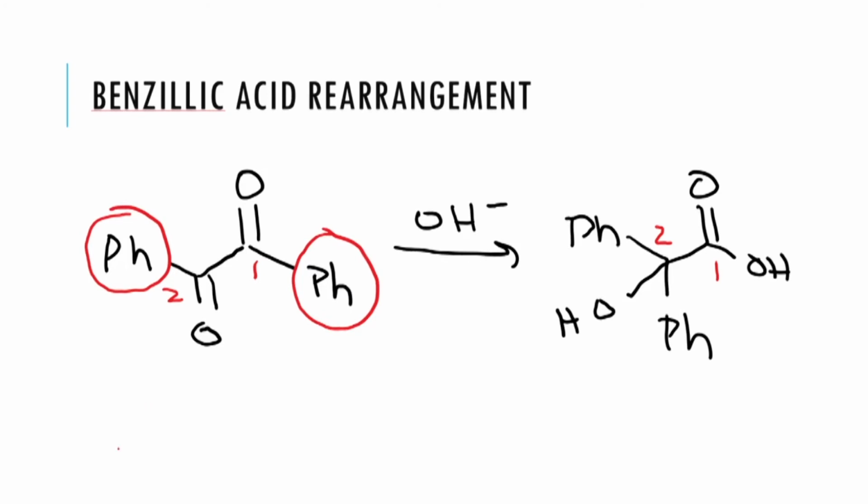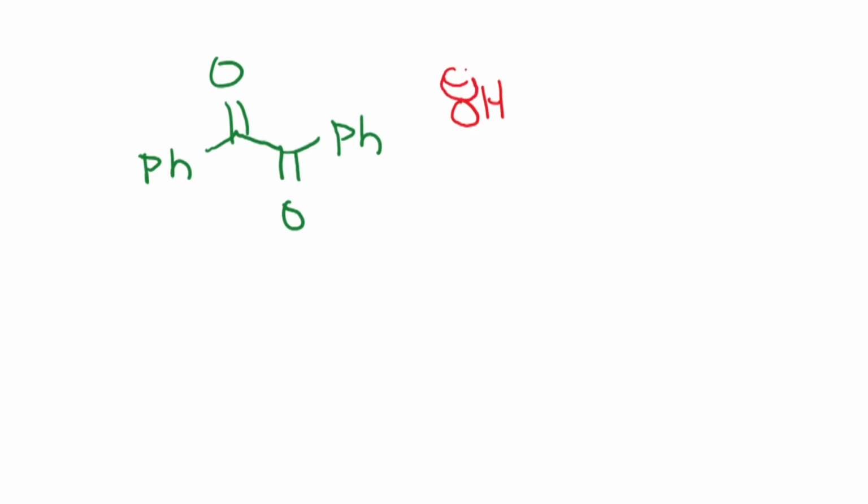So the mechanism that we propose for this reaction is as follows. You have this ketone, Ph, ketone, Ph, and the first step is the addition of hydroxide ion, and the hydroxide ion can attack either of these carbonyl compounds, but let's say it attacks this one.